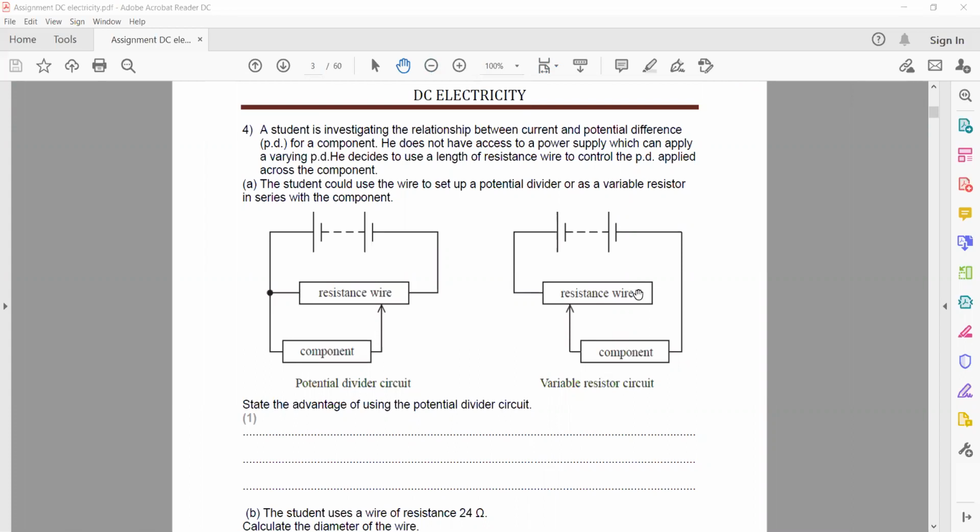When we are using this as a variable resistor, the voltage across the component cannot be zero. Why? Because the conventional current, when the charges are moving, has to pass through the component, so there will be some voltage across the component.